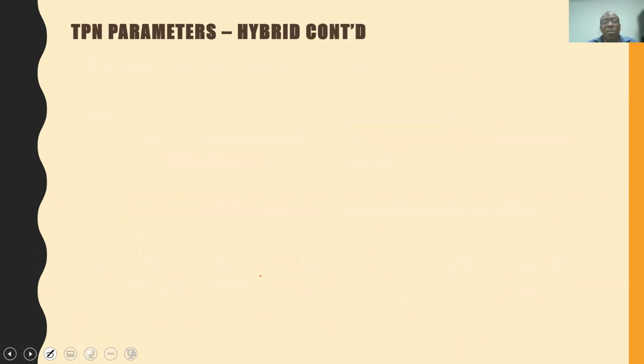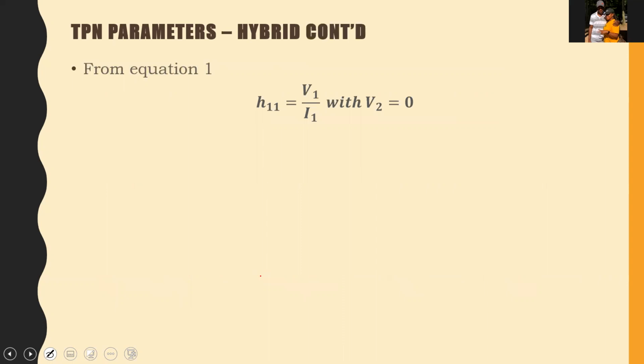So for H11, with V2 zero, it will be V1 over I1. So H11 is equal to V1 over I1, based on what we have learned so far.